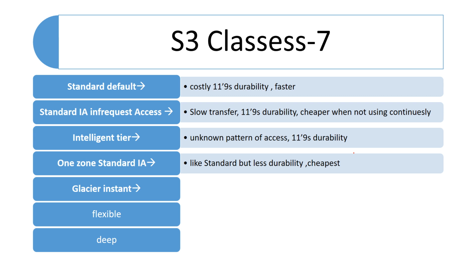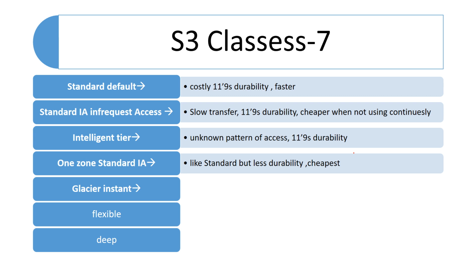And Glacier Instant, Glacier Flexible, Glacier Deep. These are 1, 2, 3, 4, 5, 6, 7. 7 classes are there. So Instant, Flexible and Deep, these are all Glacier. Glacier class is for archiving solutions and backups.